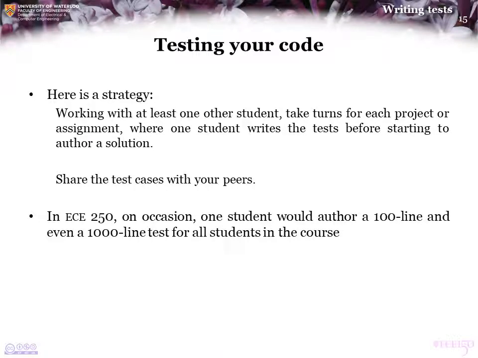In EC 250, the course on algorithms and data structures, on occasion one student would author a 100-line and even 1,000-line test suite for all students to use in the course. Every single student who used them often got 100% in each of the projects.